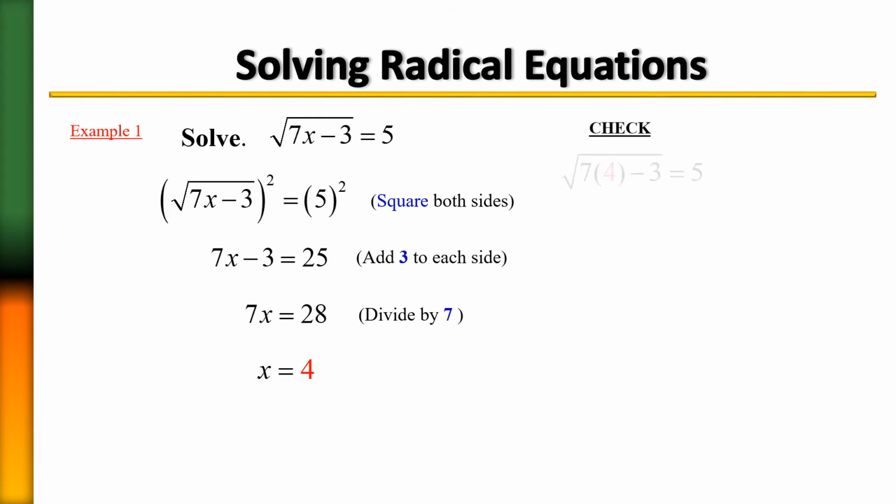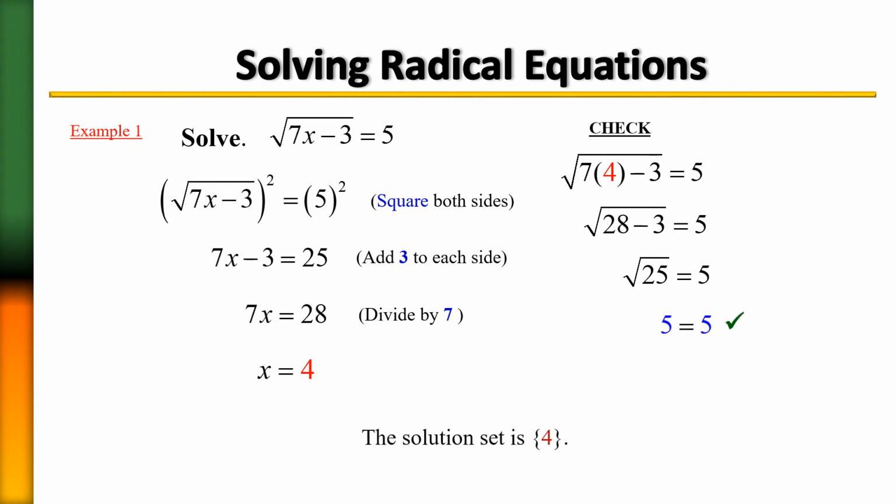So when we do so, it looks like so. 7 times 4 equals 28. Square root of 28 minus 3. So let's do the subtraction underneath. That's going to give you 25, and square root of 25 equals 5. So yes, it does check out, which means yes indeed, 4 is my solution. Good job. Let's keep moving on.